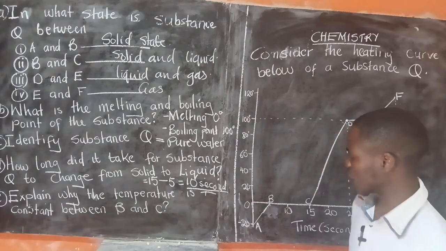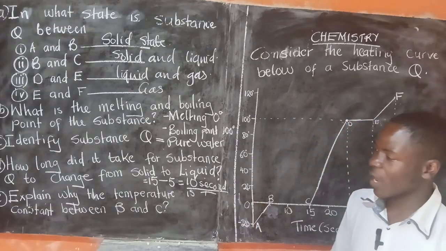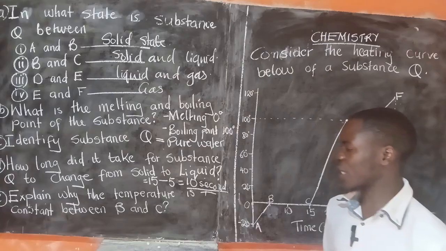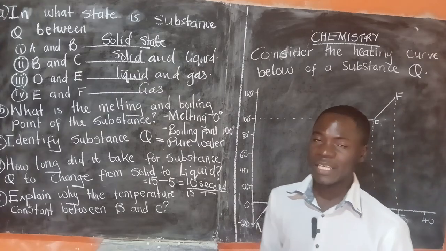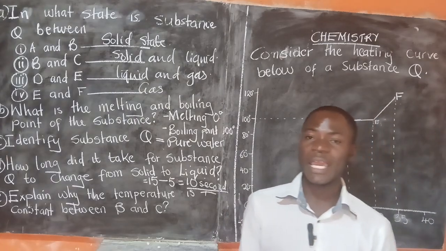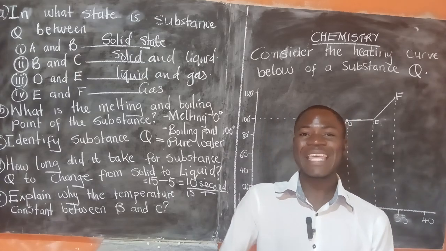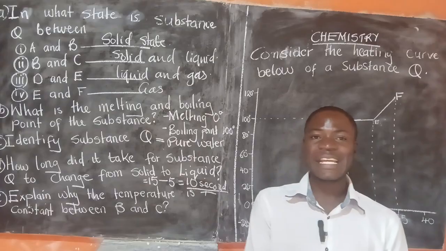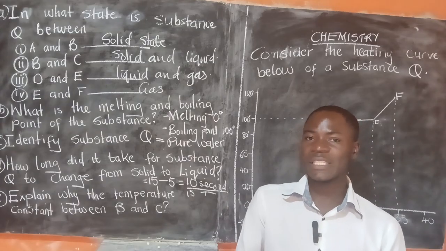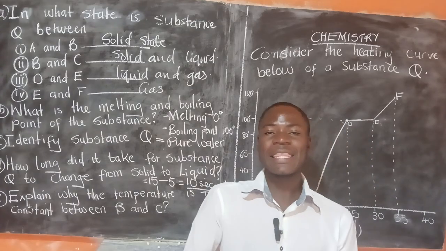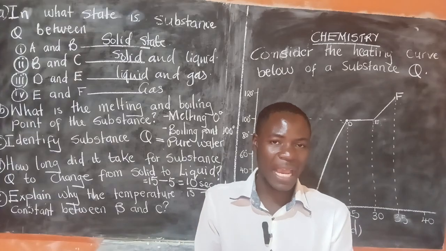So that is it. On how they say explain why the temperature is being kept constant, you are going to say it's being kept constant because it's not the heat that increases the heat energy or the temperature.